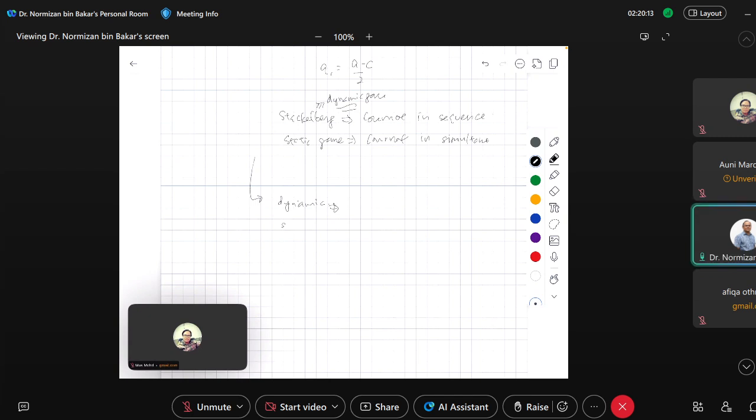Meaning that in the static game, where firms cannot see the move or the choice of others, the outcome will differ from the dynamic game.